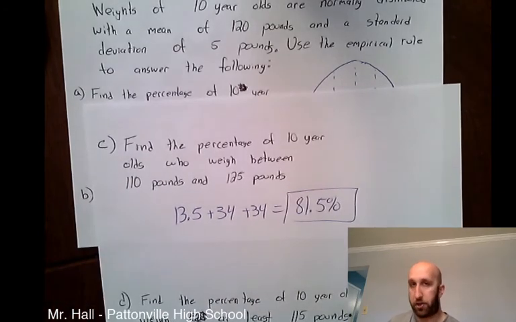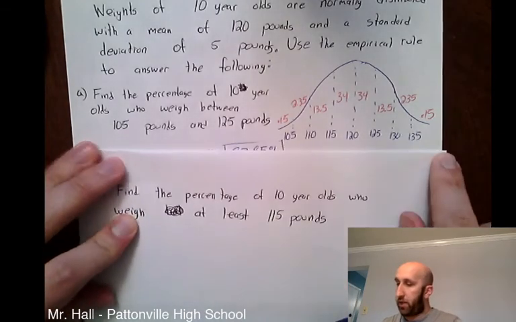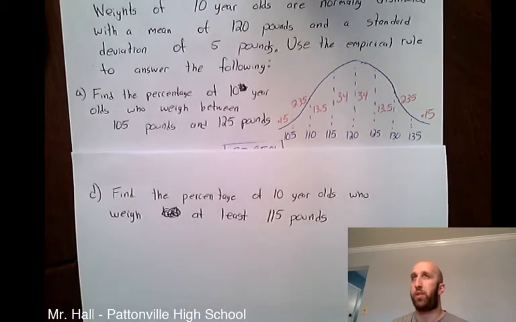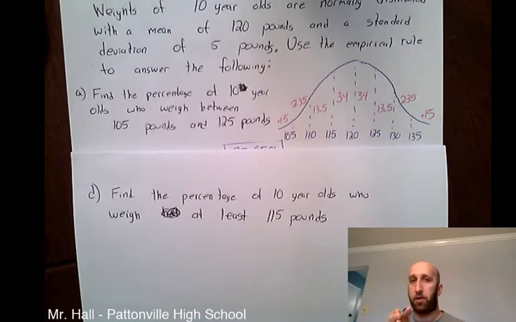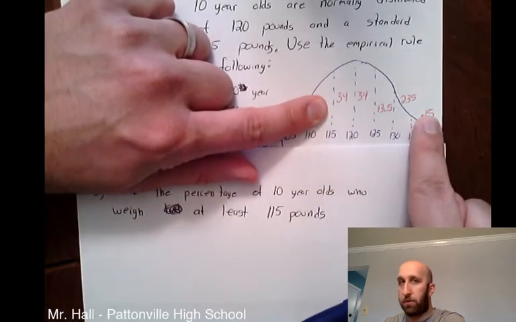Our last question here, we're going to find the percentage of 10-year-olds who weigh at least 115 pounds. So when we say at least 115 pounds, that means 115 pounds on up. So we need to go 115 on up, increase that amount. So 115 is right here. I need all these numbers to the right.